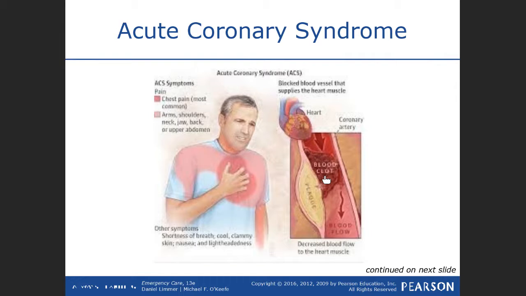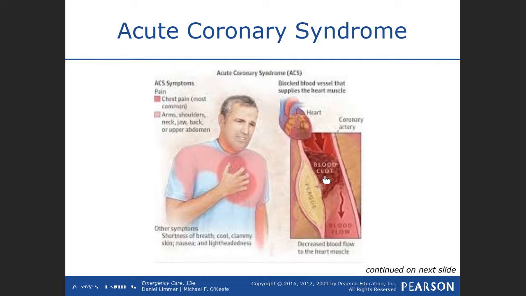As the blood's flowing through the vessel and it comes up to a disruption or a tear in that blood vessel wall, it clots. It clots, and it's supposed to clot. The problem is, now as that clot gets bigger and bigger and bigger, it completely blocks off all blood flow in that artery.